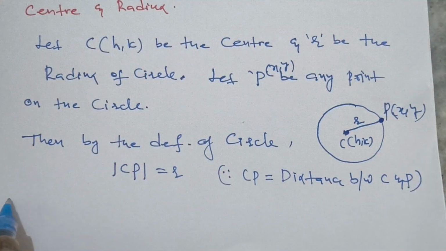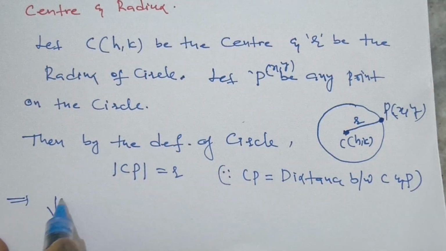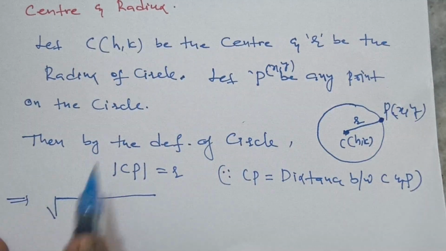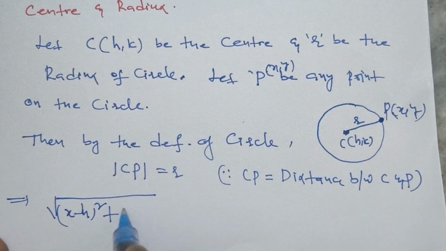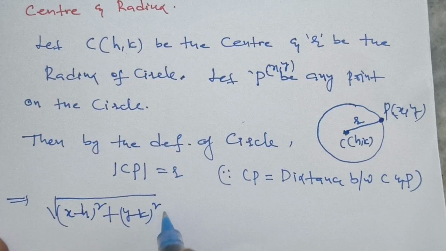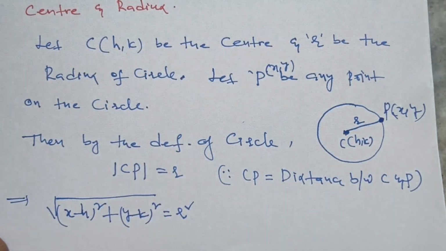By using that formula, with P as the second point, we get square root of x minus h whole square plus y minus k whole square is equal to r.